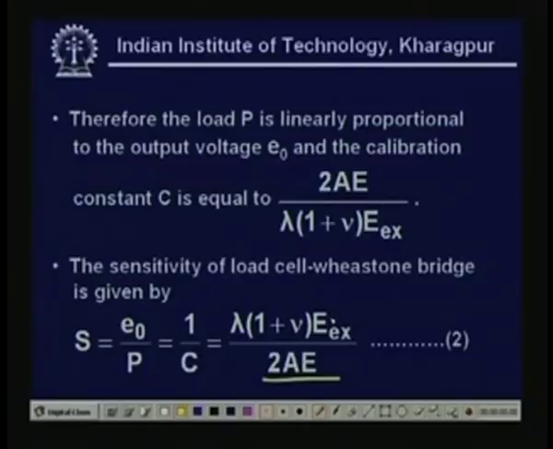But one thing is very important: I cannot increase the supply voltage or excitation to my bridge indefinitely, because each strain gauge is basically a resistance, so it has a current limitation on how much current can pass through. If I increase Ex, since two resistances are in series, the current through each of the gauges will increase.